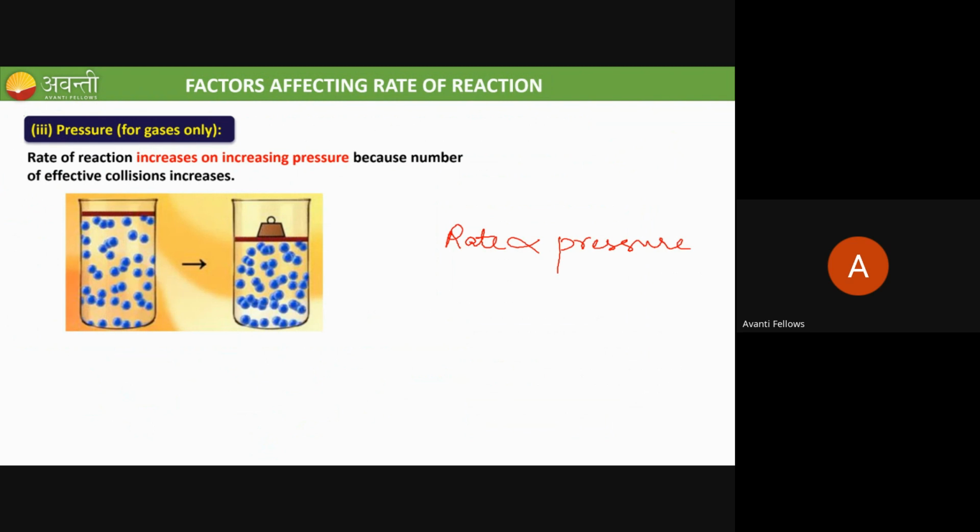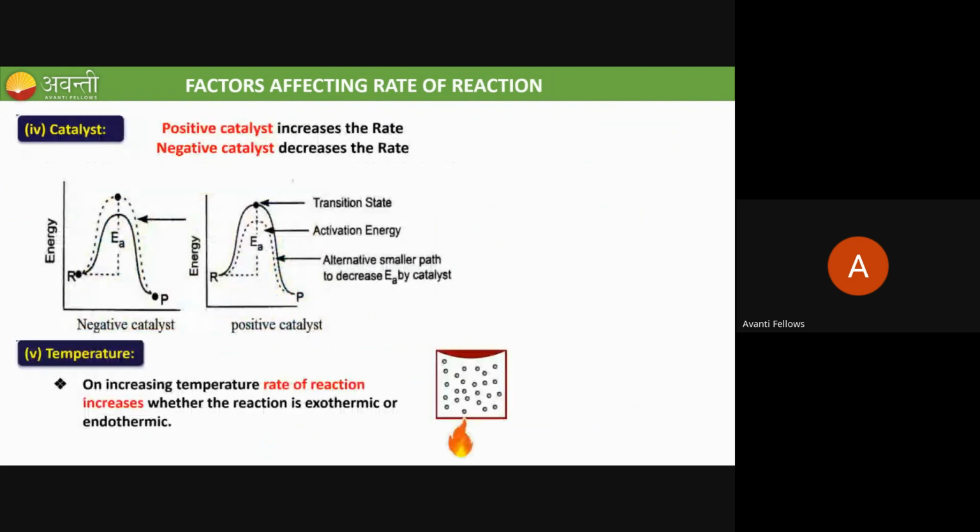The fourth very important factor is the catalyst. A positive catalyst increases the rate, a negative catalyst decreases the rate. You see here, this is the activation energy that is required for the normal reaction. But when you put in a negative catalyst, it will decrease the rate, so the activation energy is still higher for the negative catalyst.